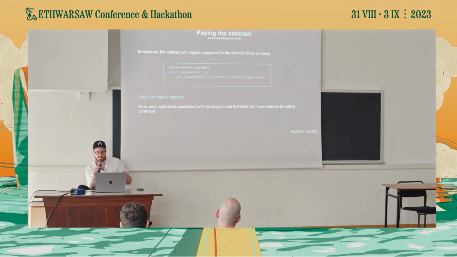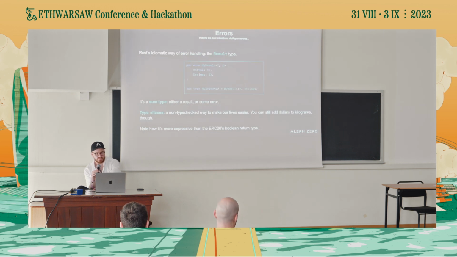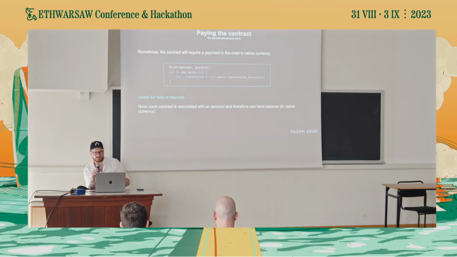So the important thing to distinguish is that we are talking about two kinds of currency here, right? The one we're talking about here with payable is the chain's native currency. And all of the coins we were talking about in the previous slides were the currency we are just creating, right? It's a lot more virtual because we are just maintaining this mapping.